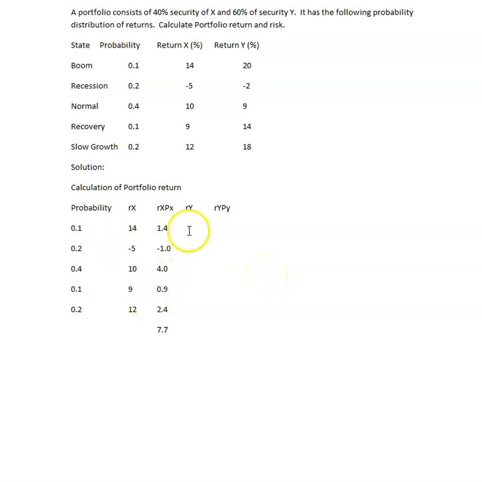7.7. Okay, and the return of Y is given as 20% in one state, and in another state it is minus 2. Next we have 9, next 14%, and lastly 18%. So return of Y is also multiplied with the probability. 0.1 into 20 is 2. 0.2 into minus 2 is minus 0.4.